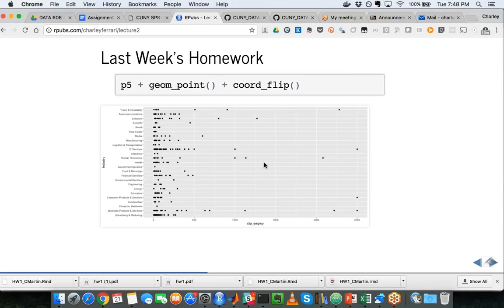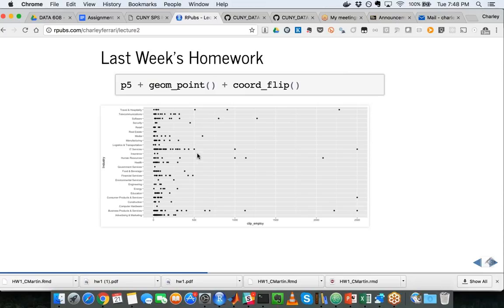In a scatter plot, we're simply showing a point for each company, and you get an idea of the distribution just by looking at the way the points are arranged. So you get some information, but you do lose some, especially with categorical data, because it's all lined up with one category.